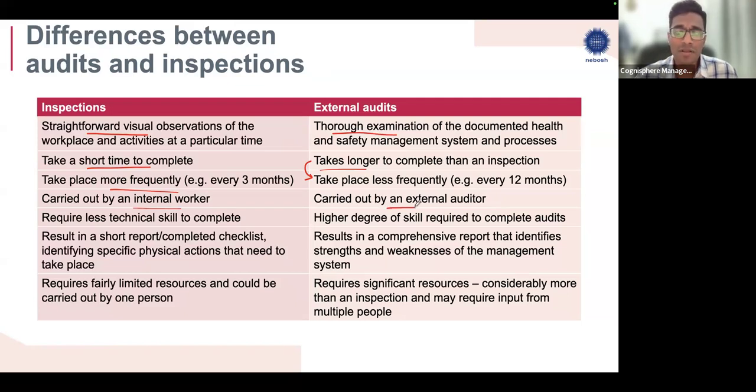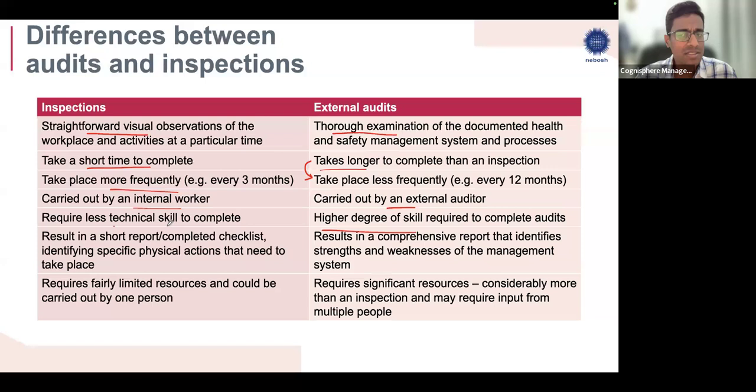Because of that, audits require a highly skilled person to complete, because they need to be a certified auditor, and they should have the audit skills, and also good, up to date knowledge about the regulatory requirements. But for an inspector, someone who is able to identify the hazards, the behaviors, or who can evaluate the existence of the control measures, to that extent they would be competent.